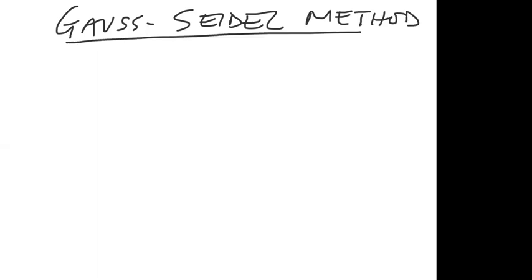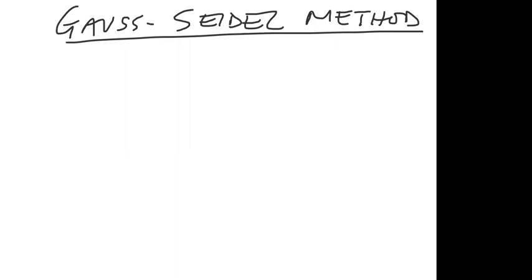This method is similar to the Jacobi's iterative method. The only difference here is that when we first find the first approximation of x1, we need to use that to find the other n-1 approximations, right?